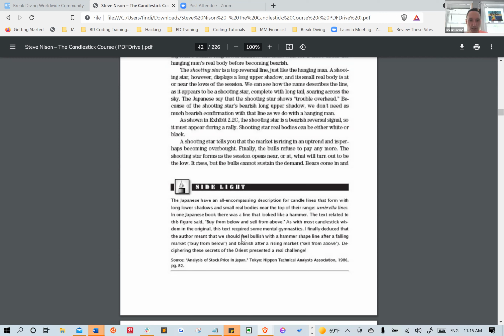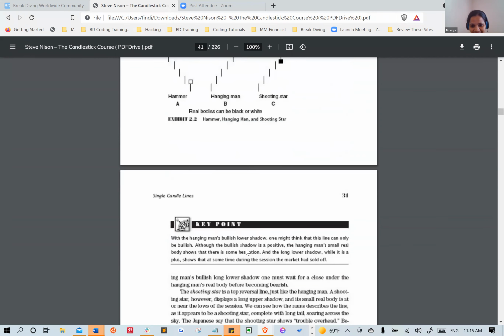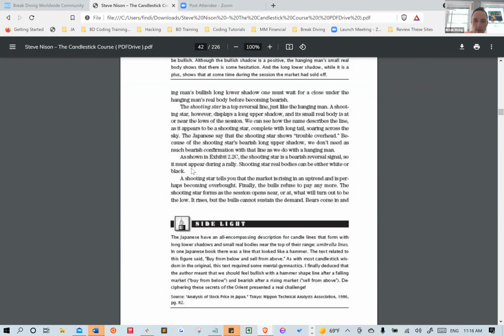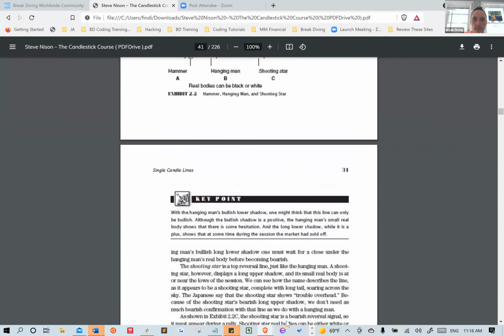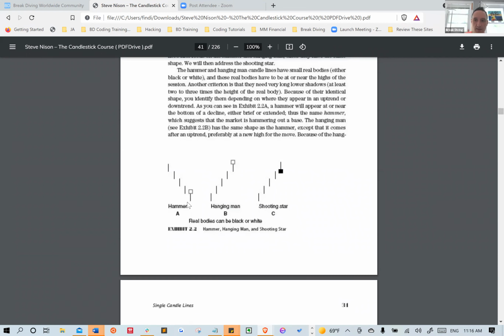I finally deduced that the author meant that we should feel bullish with a hammer-shaped line after a falling market, and we should feel bearish after a rising market: sell from above. Deciphering the secrets of the Orient presented a real challenge. So this is when you should buy, and this is when you should sell.